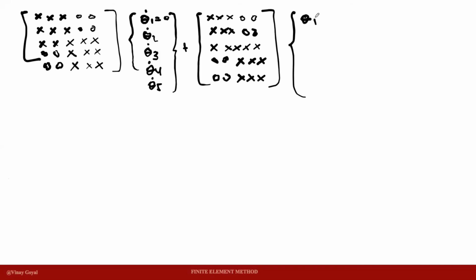The first component of this vector containing all the thetas is equal to 0. Theta 3, theta 4, theta 5.